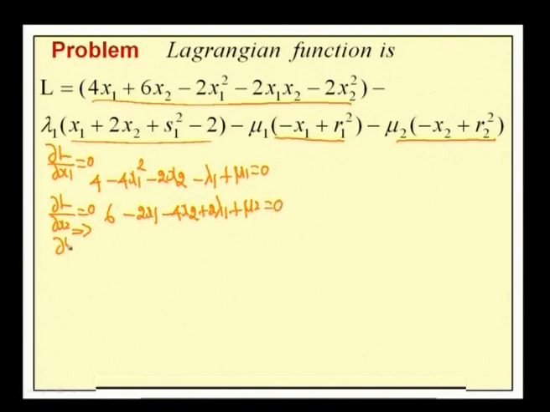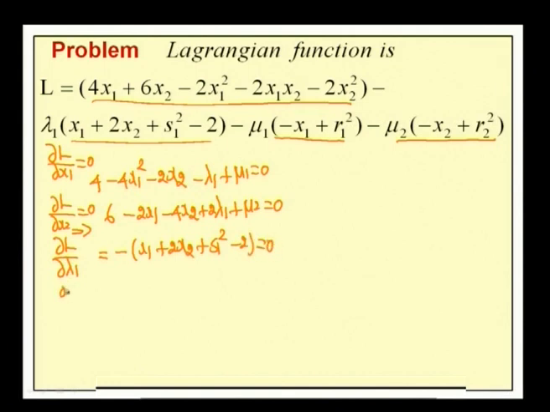The partial derivative of L with respect to x2 equated to 0 gives 6 minus 2x1 minus 4x2 minus 2 lambda1 plus mu2 equal to 0. The partial derivative of L with respect to lambda1 gives minus of x1 plus 2x2 plus s1 squared minus 2 equal to 0.